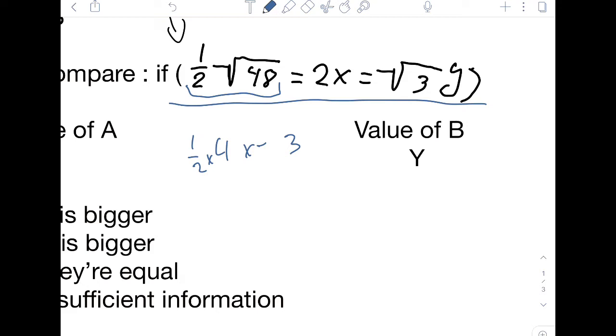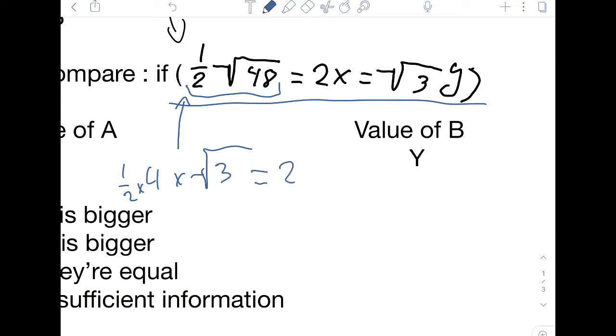Yeah, this part, which used to be this, can now be added to the rest of it. So let's see what we're going to have. Let's take this and put it over here. As in the question, it says it's equal to 2x, which is equal to root 3 multiplied by y, right?